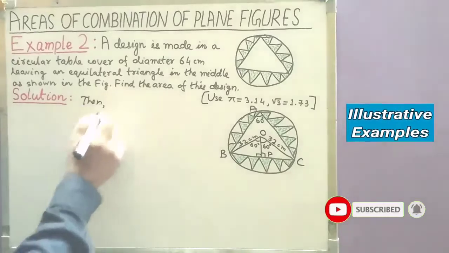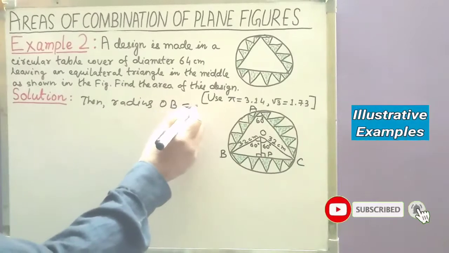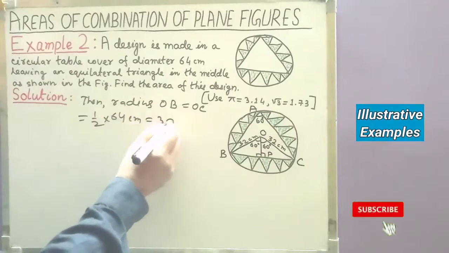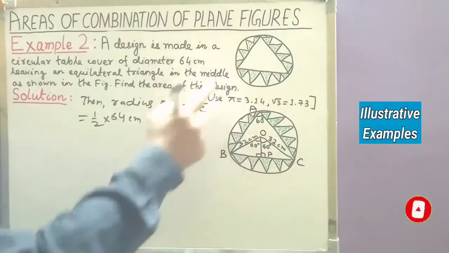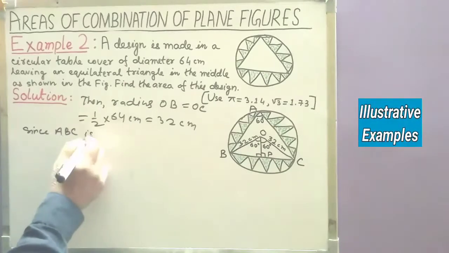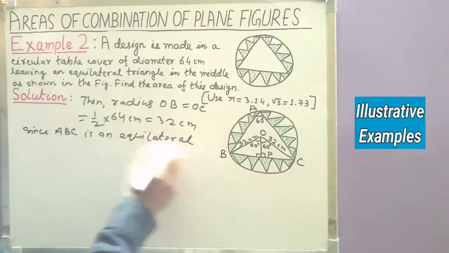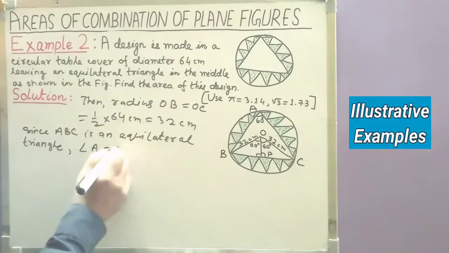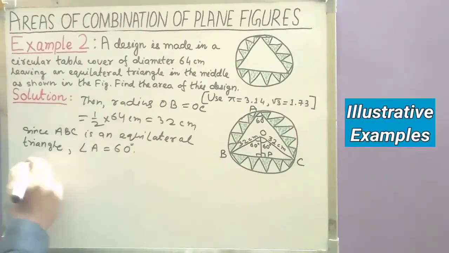Then radius of the circular table cover OB equal to OC, that equals half of 64 centimeter, that equals 32 centimeter. Since ABC is an equilateral triangle, its angle A is equal to 60 degree, because each angle of an equilateral triangle is of 60 degree.